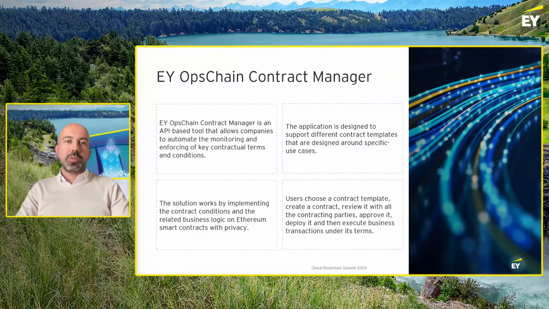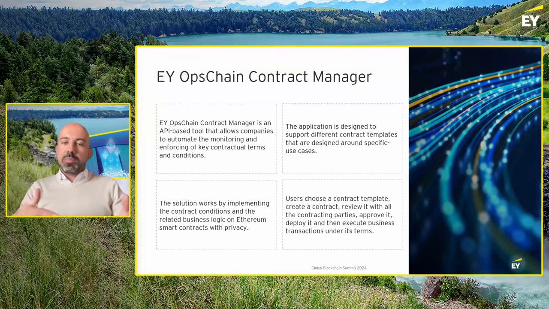So how does this work? A user chooses a template based on the use case that he wants to do in this product. There are going to be a lot of different templates for different industries, be it procurement or energy, as we saw yesterday, or insurance, and so on. Based on this template, you create a contract.